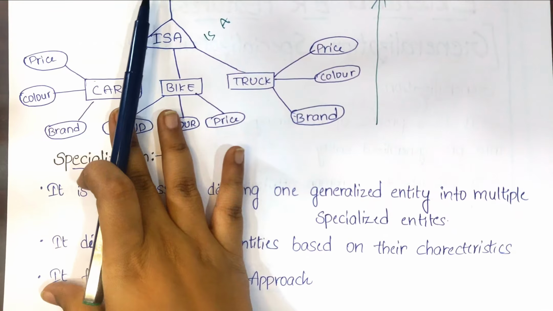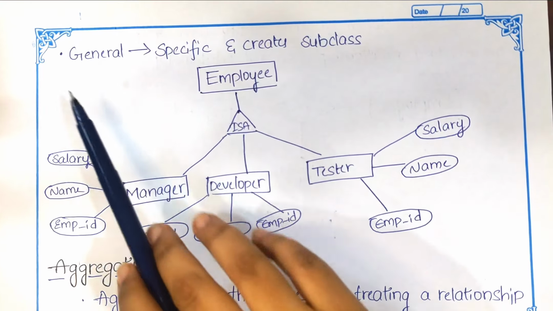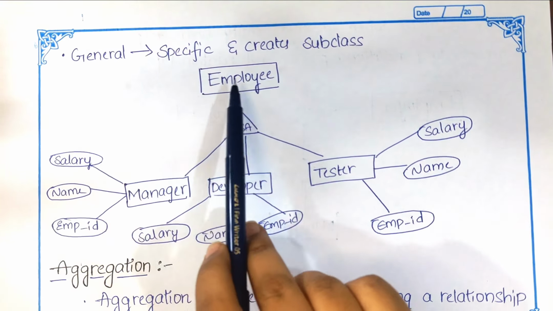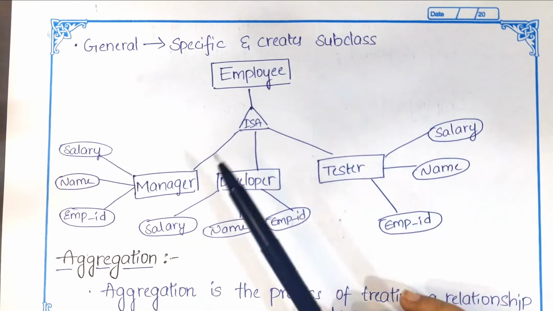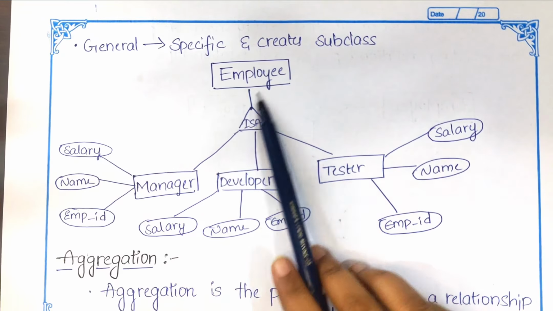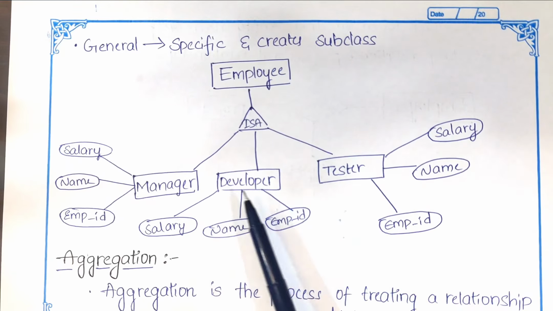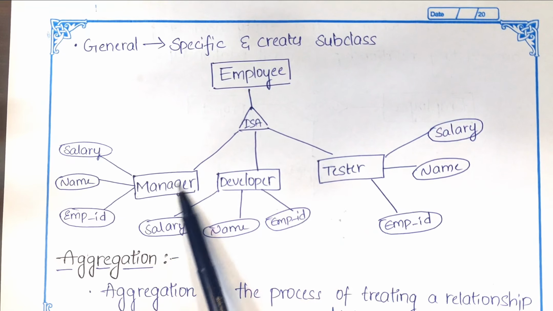Let me show you that approach. It also creates specific entities from a single general entity, and it also creates subclasses. I'll show you using this example. Here employee is a general class and it is divided further into manager, developer and tester. These are the subcategories, the specific things, right?